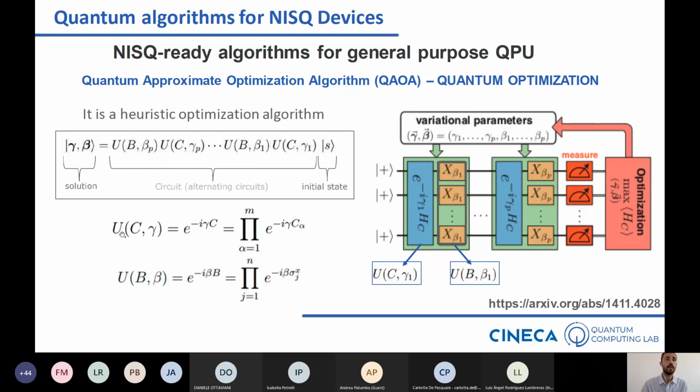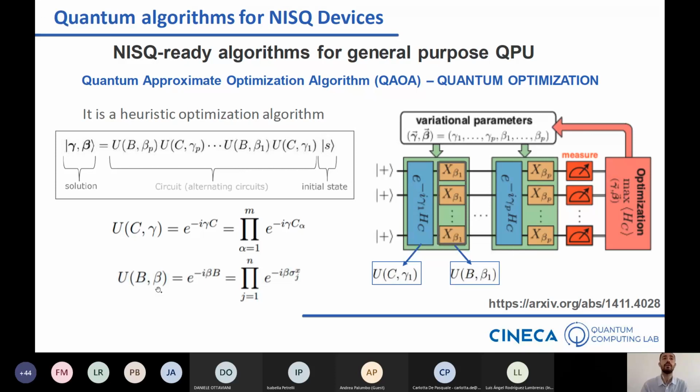So here, what is UC? UC is something that looks like this. It's a unitary evolution where HC is, for example, as I told you, your Ising problem, associated with some graph problem, some problem that you formulate as an Ising problem, or some Hamiltonian.